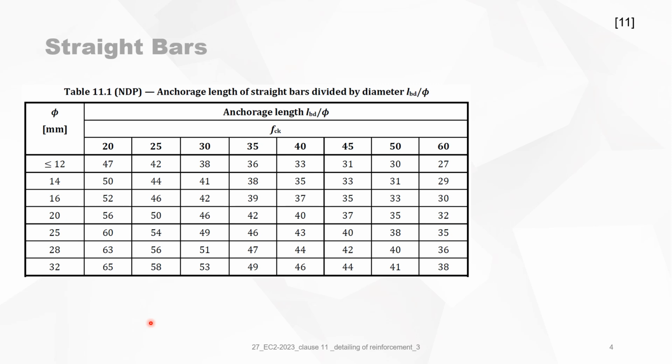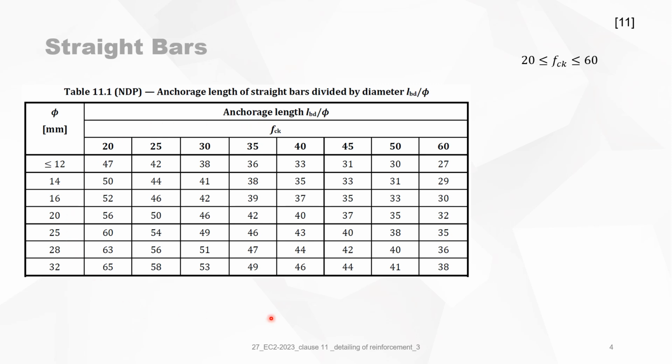Eurocode 2 version 2023 gives you a table 11.1, with the main purpose of making it easier for the engineer to apply an anchorage length. So they created a table for certain parameters: on the one hand the diameter, and on the other the concrete quality, and the table gives you the anchorage length divided by the diameter of the bar to be anchored for straight bars.